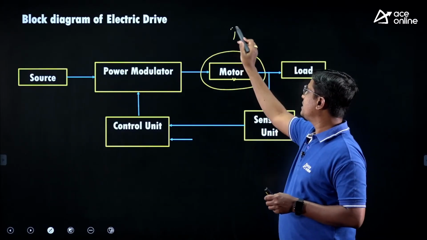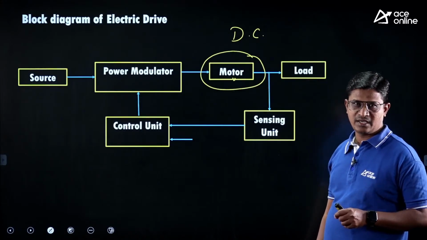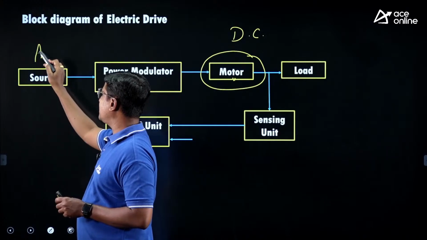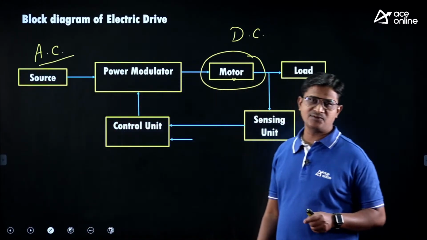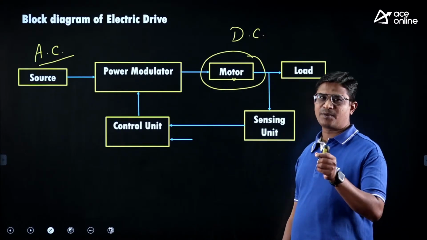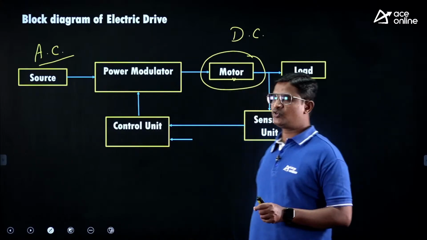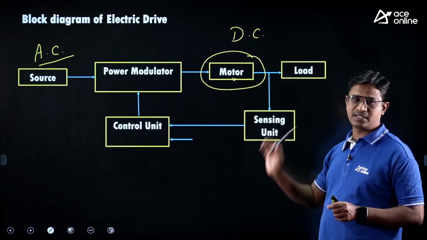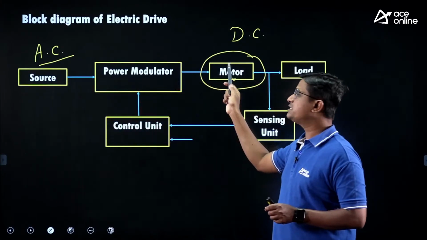I am saying here the motor we are using, suppose a DC motor. And as we know, in India easily available supply is AC. So suppose at a particular location we are designing the drive system, and at that location the available supply is AC, but my suitable motor to fulfill the requirement of the load is a DC. Can I directly feed this AC supply to the DC motor?